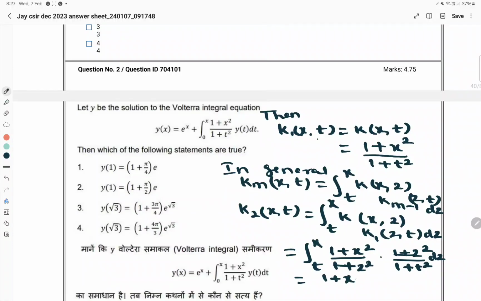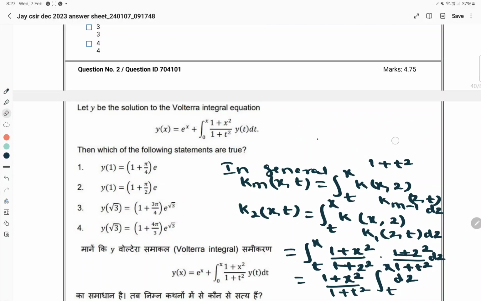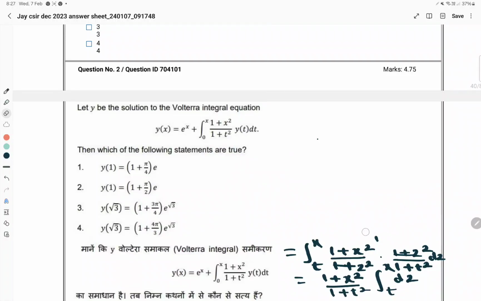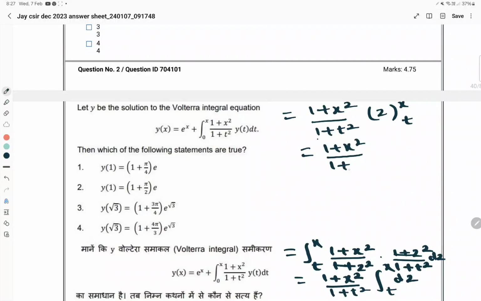I am taking 1 plus x square by 1 plus t square outside, integral t to x dz. Integration of dz is z, upper limit x, lower limit t. The answer is 1 plus x square by 1 plus t square times x minus t.